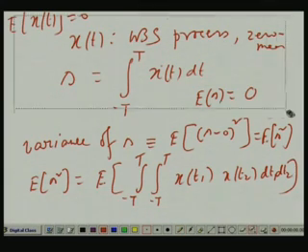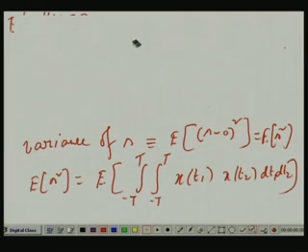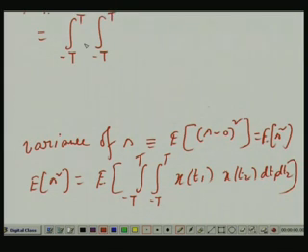I erase this part. So, if you apply the E on this, then what you get is R. You can call it C also, because it is a zero mean process.